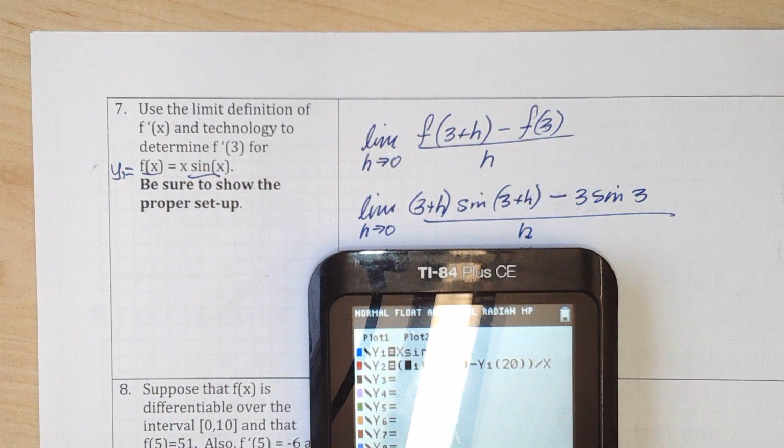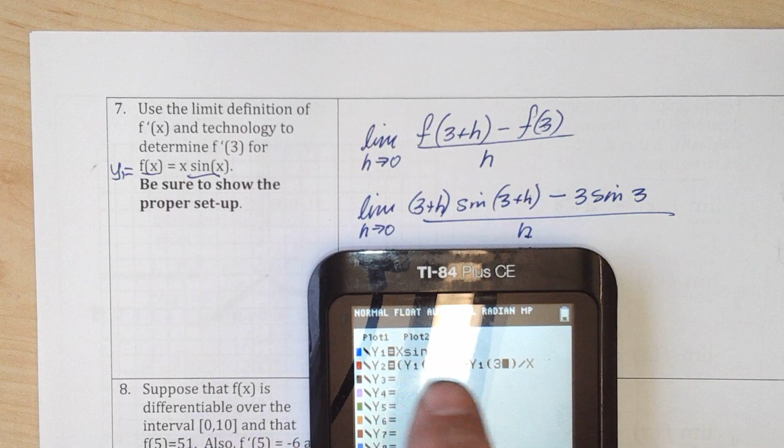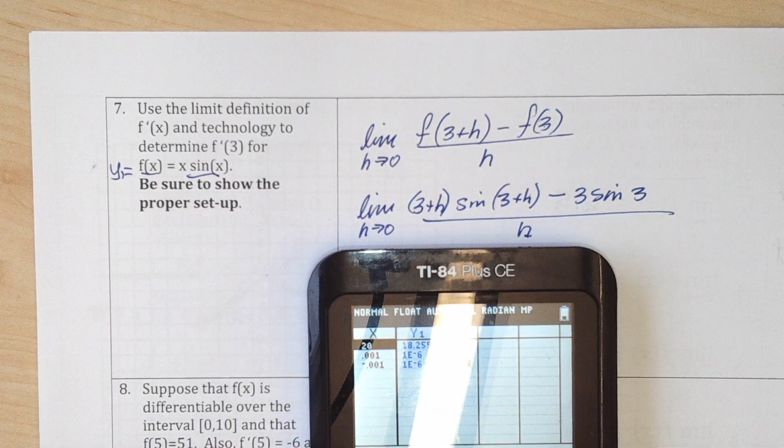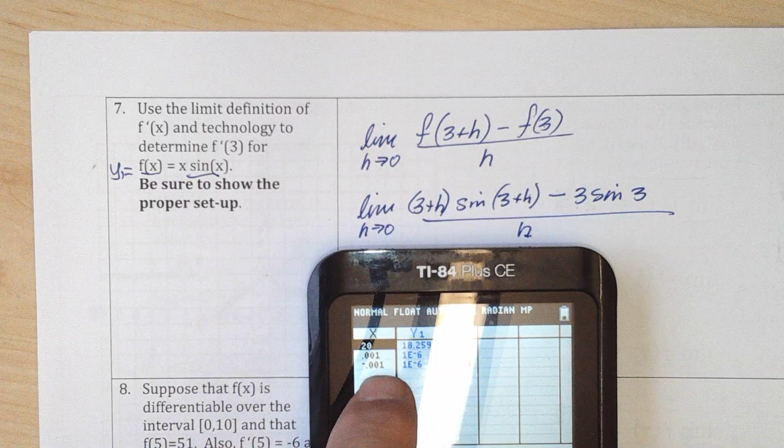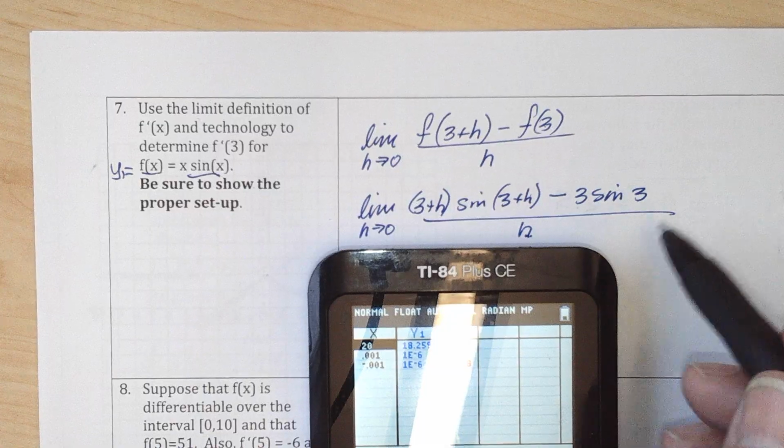So I need to come down here and change my 20 to 3, and my 20 to a 3. And now I have to look at this when x or h is close to 0. So, second table. Close to 0 is these bottom two, and it looks like it's negative 2.83.